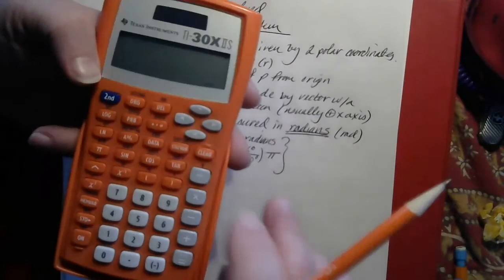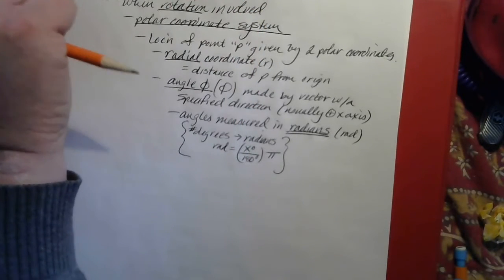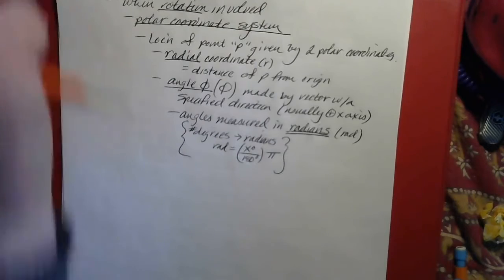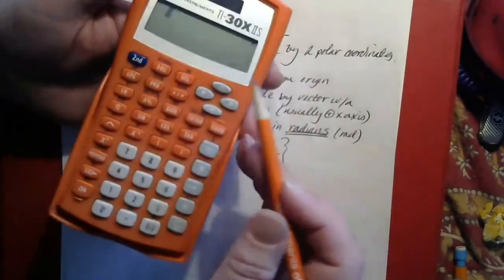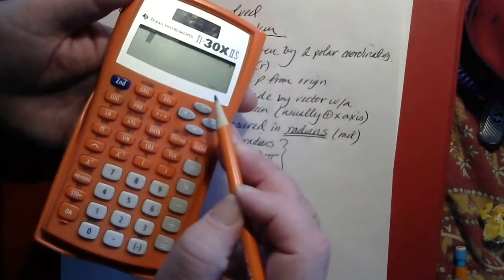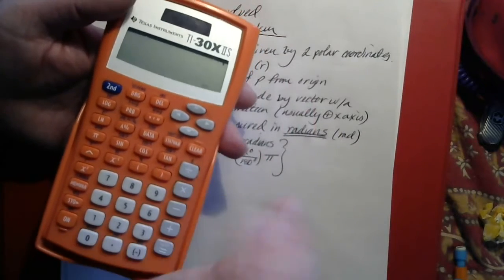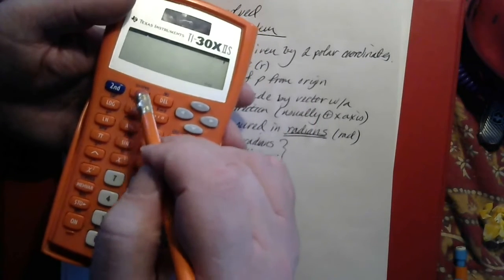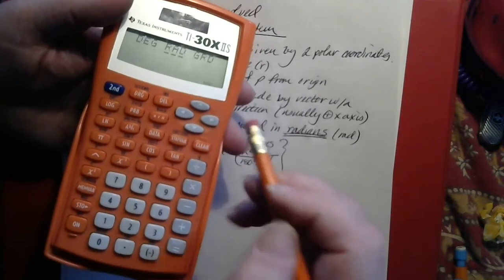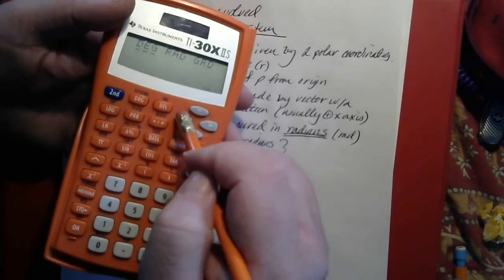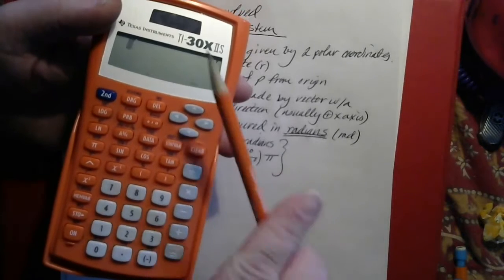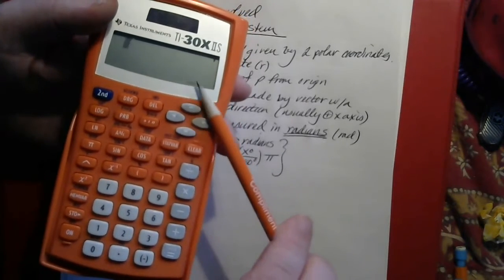Remember though, even if you turn the calculator off and turn it back on, it's still going to be in radians mode. So if you want to go back to using angles in degrees, you have to push that button again and use the left arrow this time to go back to degrees and then press enter. And you'll notice you'll be back in degrees.